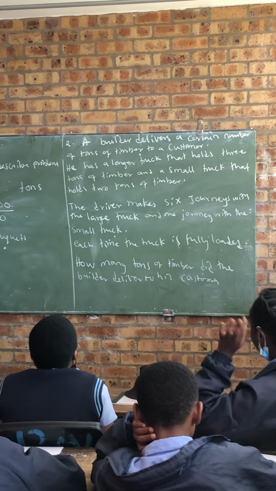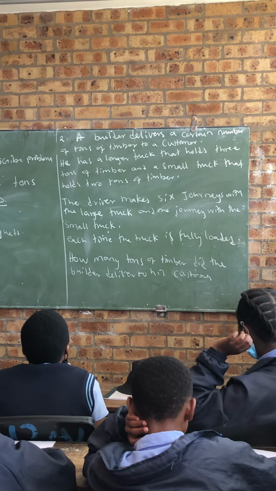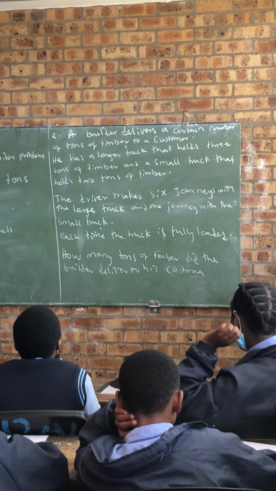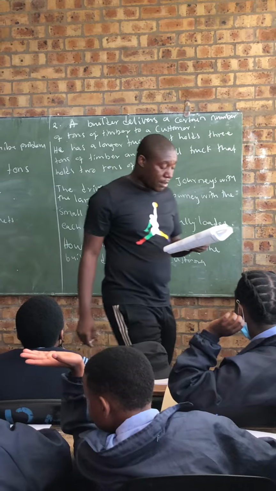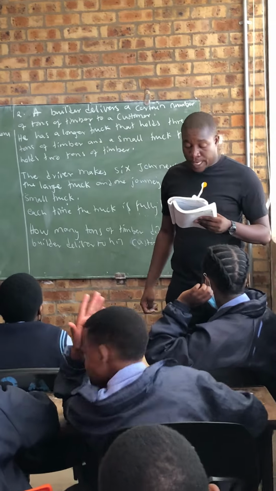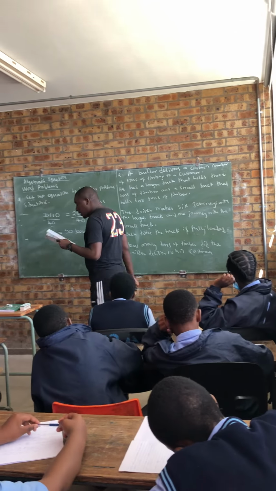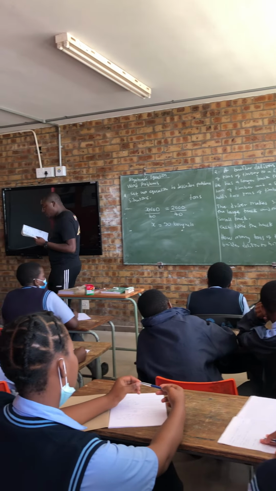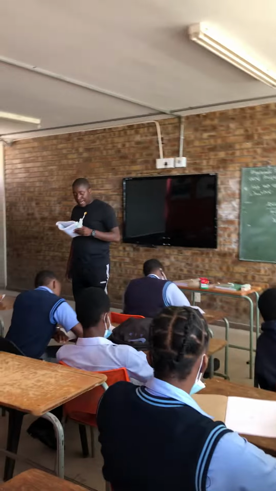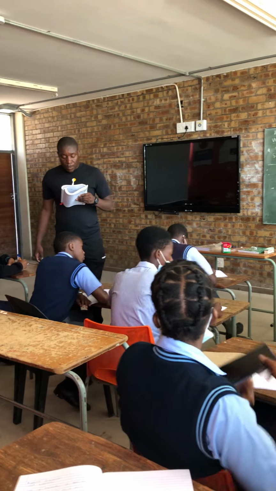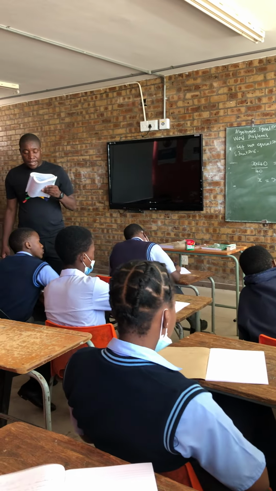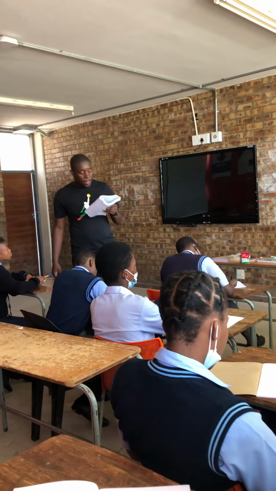Okay. Now the question is, a builder delivers a certain number of tons of timber to a customer. He has a large truck that holds 3 tons of timber and a small truck that holds 2 tons of timber. The driver makes 6 journeys with the large truck and 1 journey with the small truck.